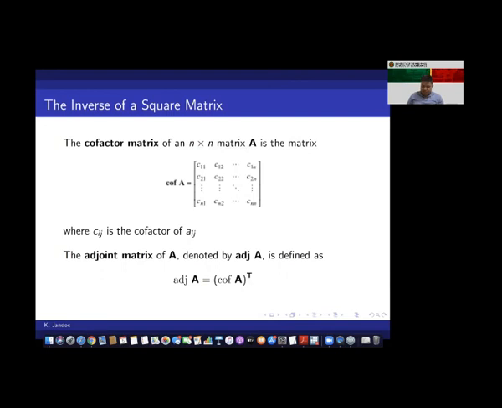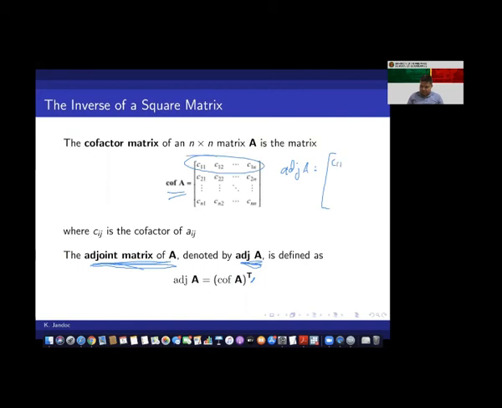And we now define what's called an adjoint. The adjoint of the matrix A, adjoint A, is defined as simply the transpose of this cofactor matrix. So all these rows become columns.